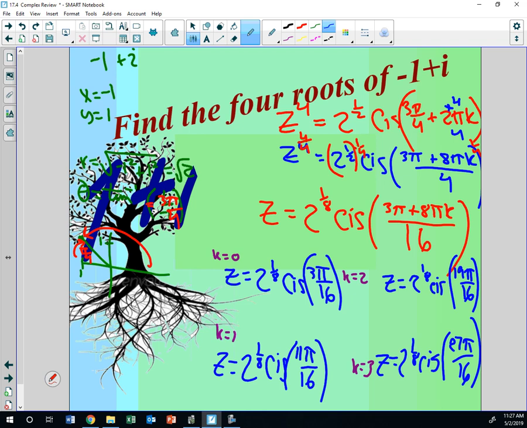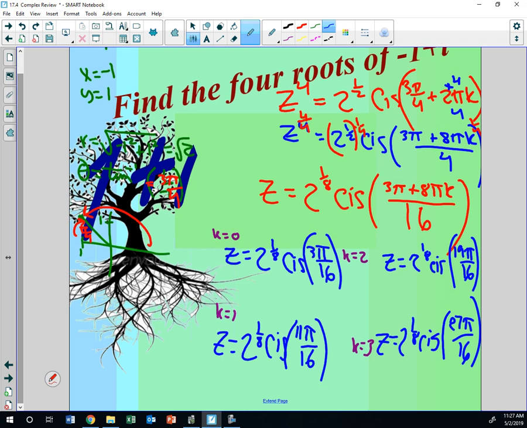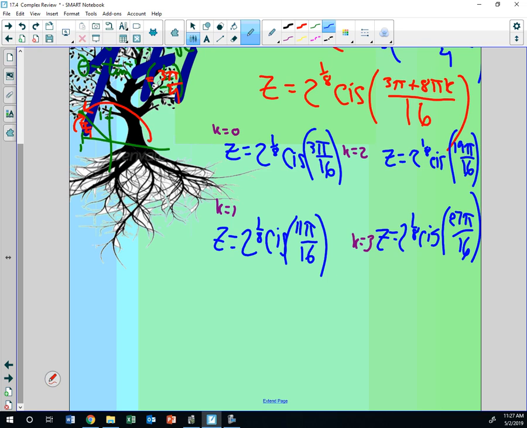Now, if you're going to be proper about this, excuse me, you can't be bigger than 16 pi over 16. So these last two need to be brought down by how much? Yeah, minus 2 pi, or 32 pi over 16. Minus 32 pi over 16.